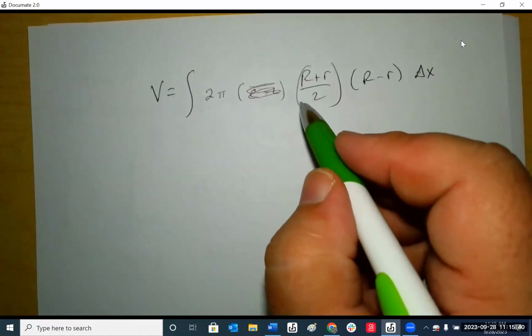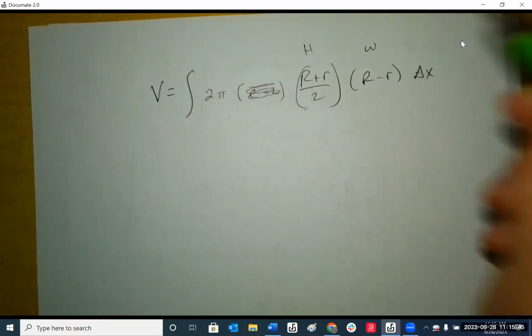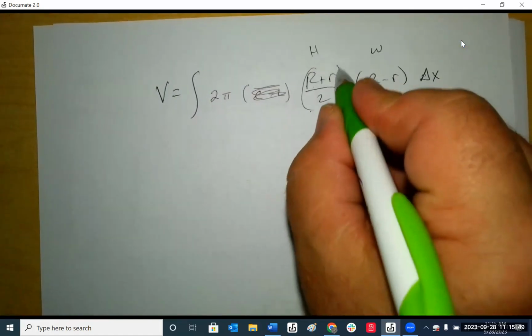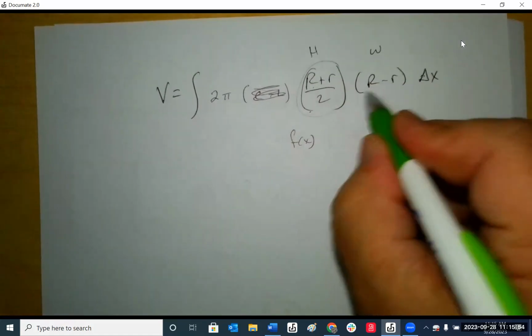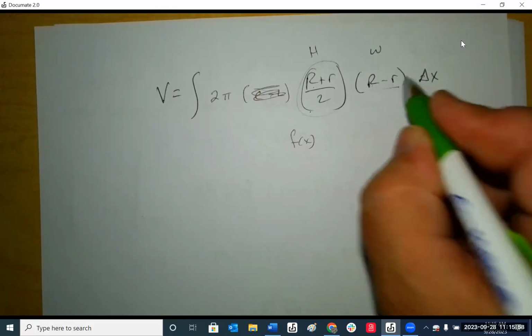Because when we looked at the height, this is the height, and this is the width. So this is what we're using here as our f of x. This is the outer radius minus the inner radius.